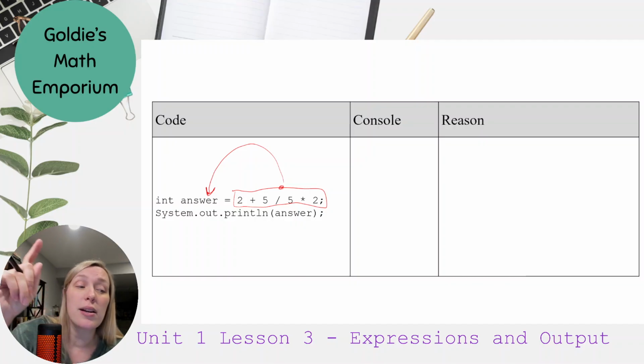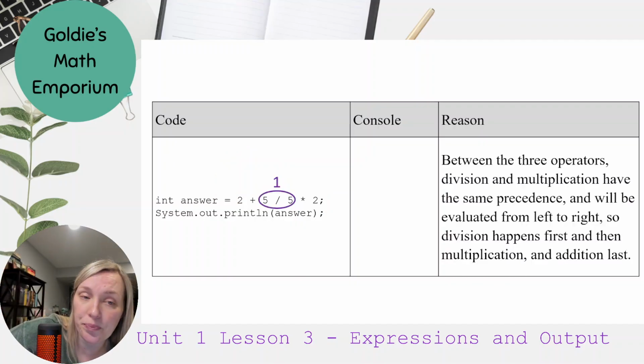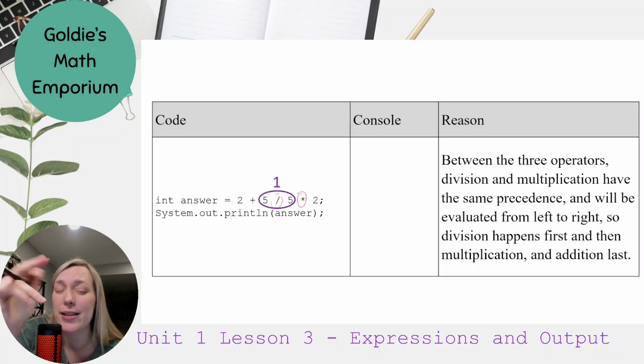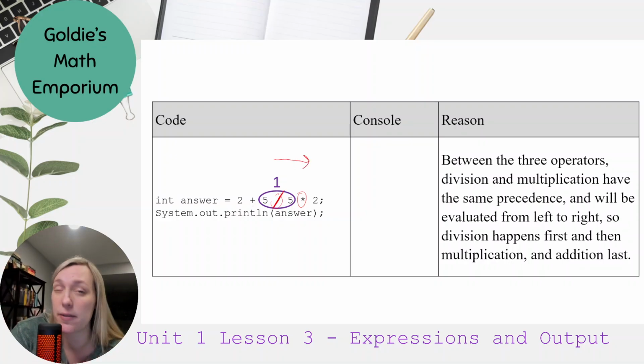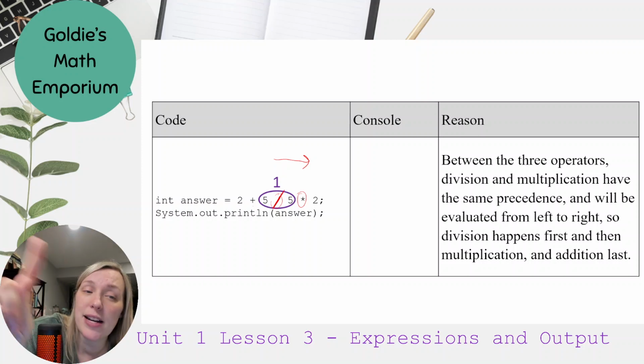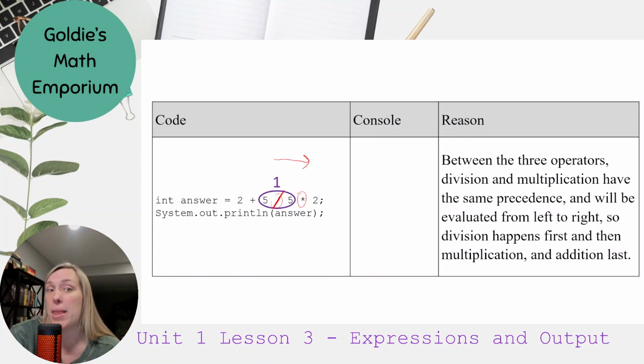So we use the order of operations on the right side, which says if we have addition, division, and multiplication, division and multiplication are on the same order of precedence, but we do it in order from left to right. So because we hit the division first, we do the division first. So 5 divided by 5 is 1. Okay.